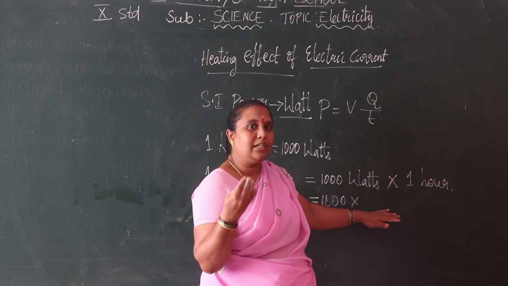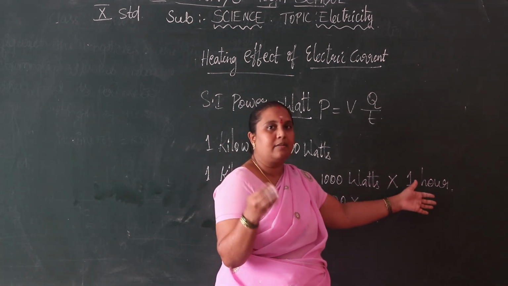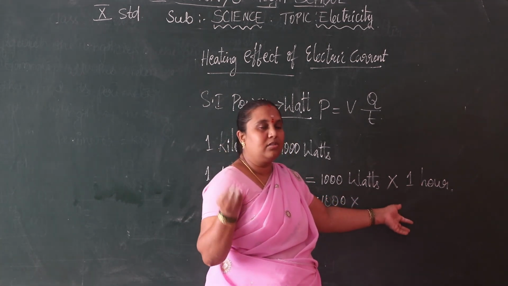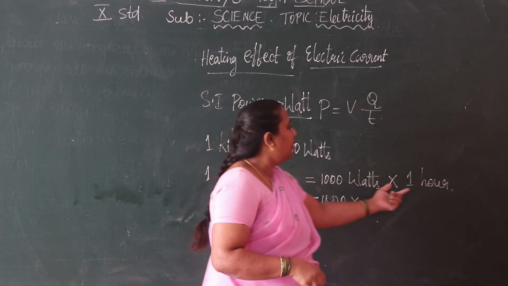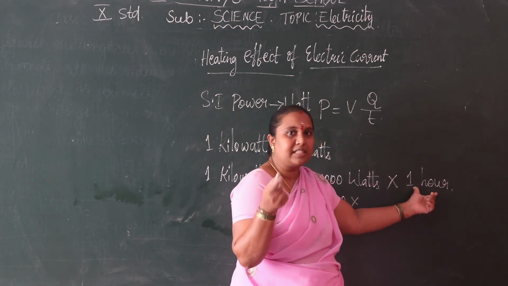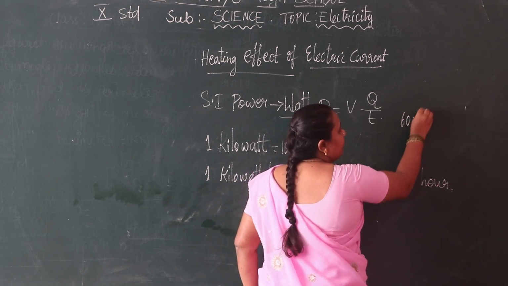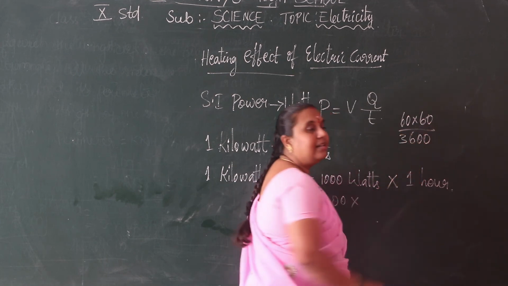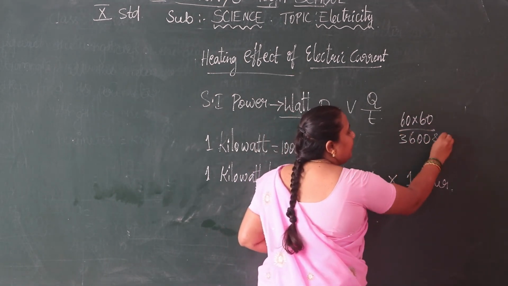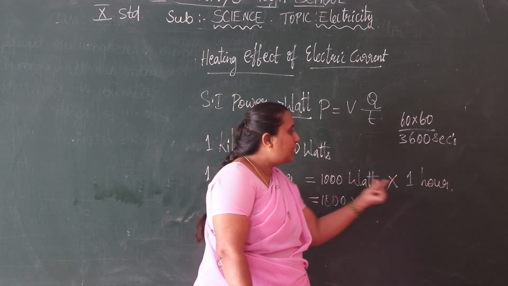Seconds. So we calculate only in seconds, not in hours or minutes. We should convert 1 hour into seconds. 1 minute equals 60 seconds, so 1 hour equals 60 into 60, that is 3600 seconds.